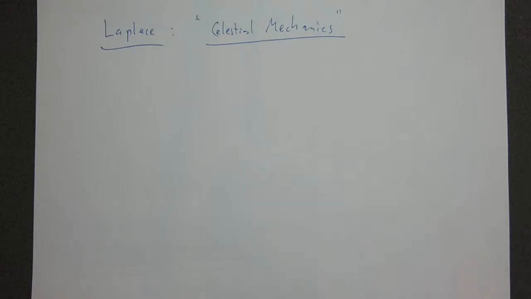So in Celestial Mechanics, he used this phrase over and over, "thus it is clear," or translated another way, "thus it plainly appears," "thus it is obvious." And he apparently was one of the first to actually say this in a mathematical context.